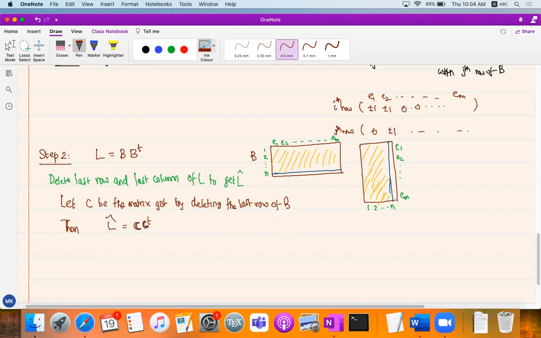Right, because what is the last row of L? It is got by taking the last row of B and multiplying it by B transpose. If I delete the last row of B, then I end up deleting the last row of L. And how do I get the last column of L? You multiply each of the rows by the last column of B transpose. If I delete the last column of B transpose, then I end up deleting the last column of L. So L hat will be C C transpose, where C is the matrix got by deleting the last row of B.